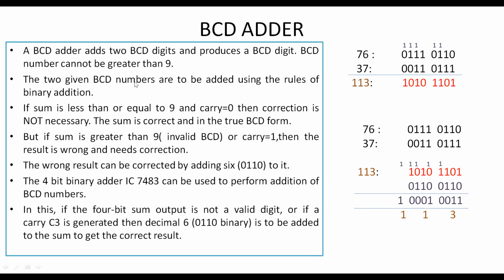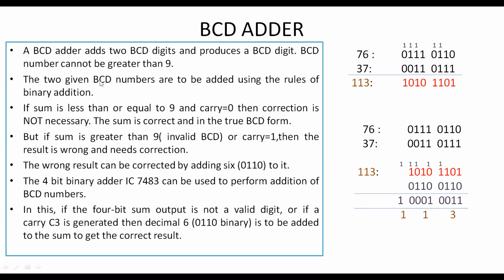Now what is BCD addition? In BCD addition, if we are getting the sum, the intermediate sum, I am calling 1101 an intermediate sum, and the sum is greater than 9, we need to add a correction of 6. Here 1101 is greater than 9. Similarly, 1010 is greater than 9. Then we need to add a correction of 6.